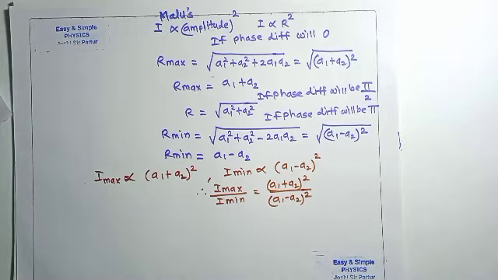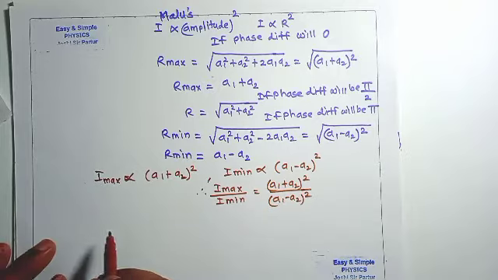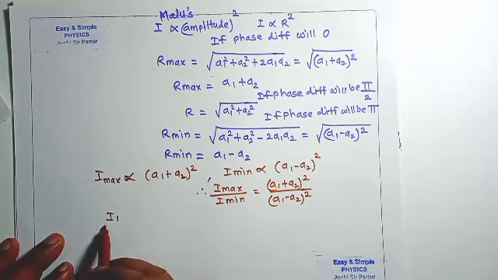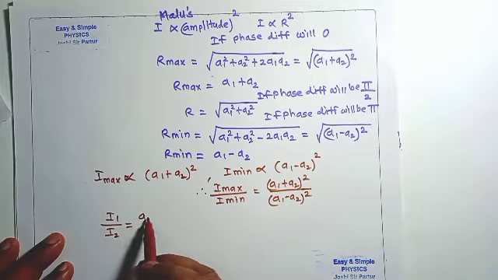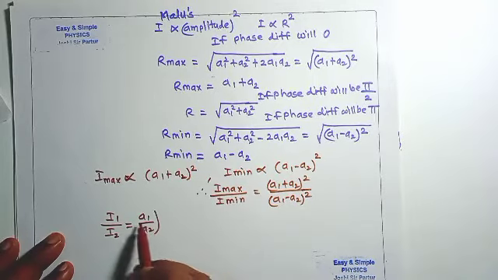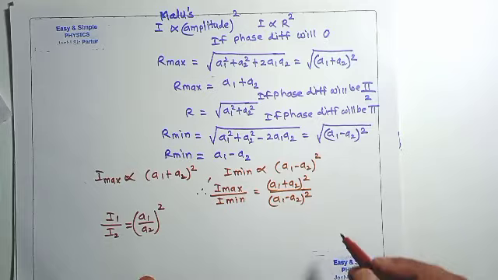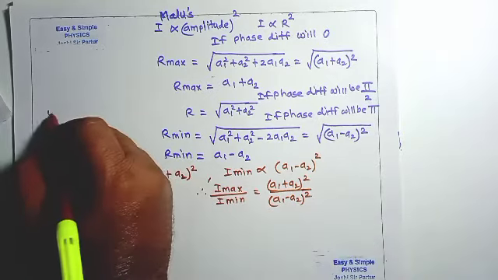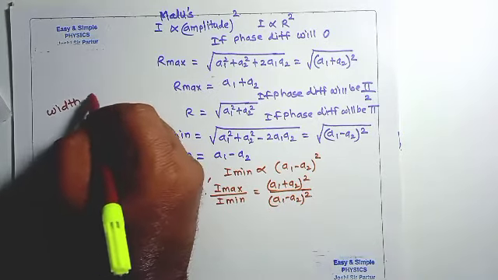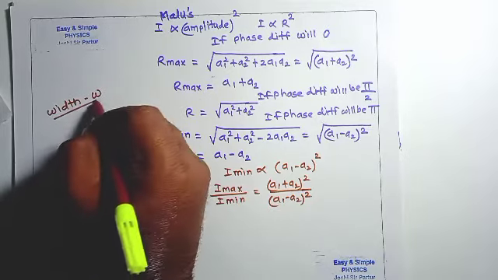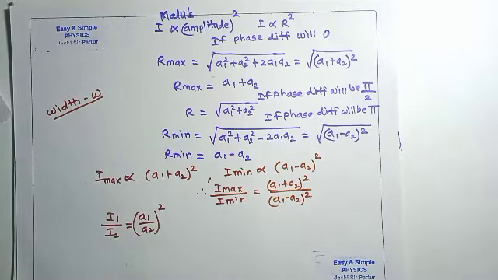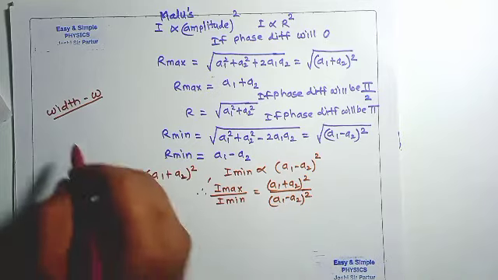Again, we have seen another formula. It will be I1 upon I2 is equal to A1 upon A2 bracket square according to Malus. But here, if width W is there, this intensity is directly proportional to width.